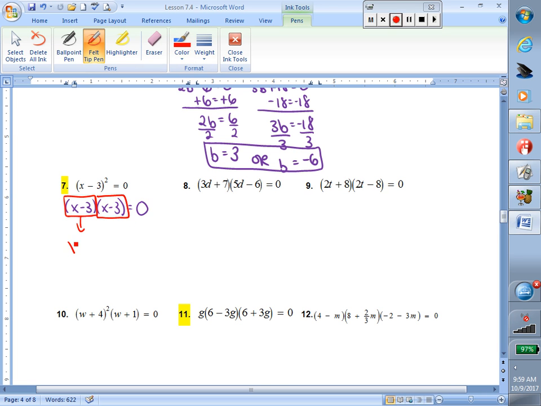So how can we get x minus 3 to equal 0? I don't need to solve the same thing twice. So in this case, we just have one solution of x equals 3.